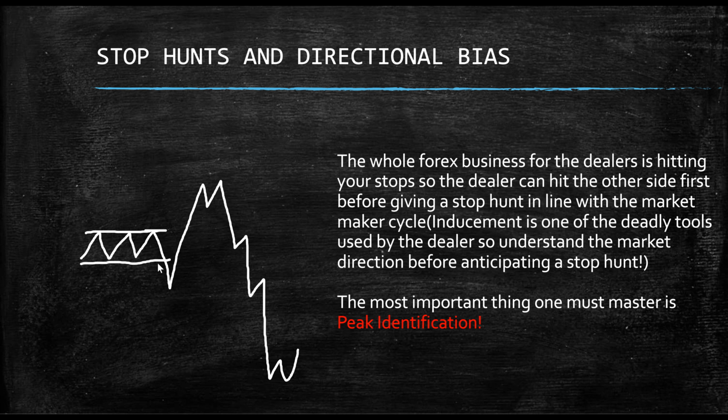If you're a breakout trader and you've got a sell stop here, your trade is going to be triggered and you're probably going to put the stop loss above this area. So he'll come through and grab those stops. As he's grabbing those stops, there are a bunch of traders here with buy stops as well. The peak comes through and then he goes in the intended direction.